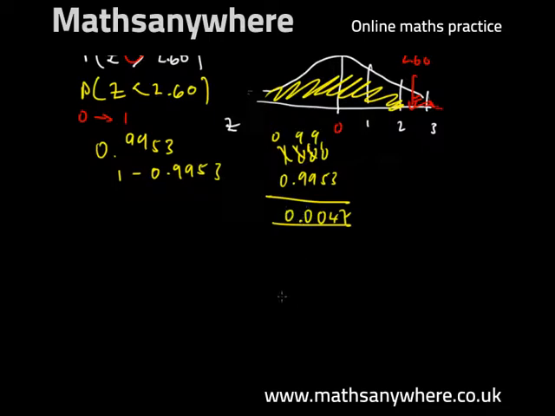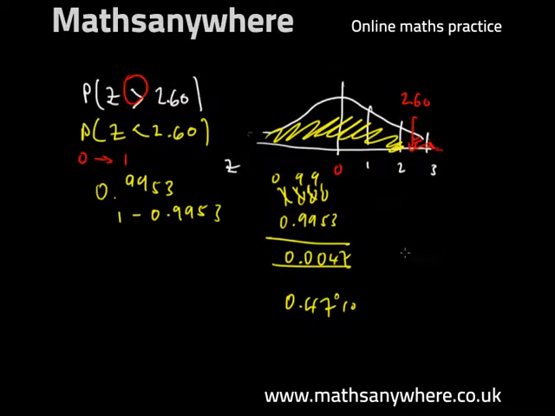So then we're looking at 0.0047. That's to say it's 0.47% probability that our outcome is greater than 2.6 standard deviations away from the mean.